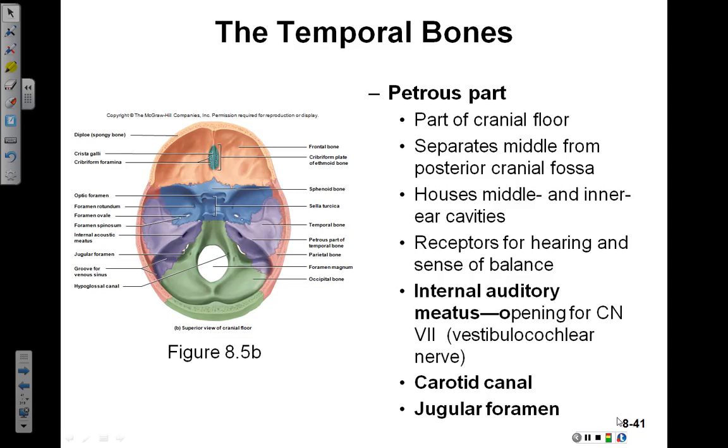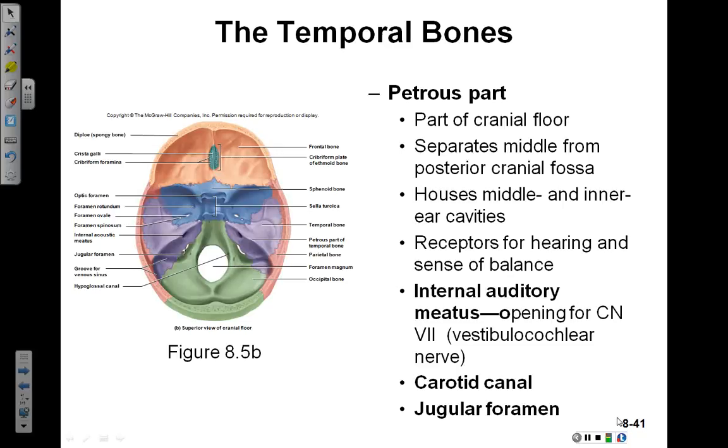So we're going to talk about this last part, and we're going to stop. Receptors for hearing. You have the vestibulocochlear nerve, which is cranial nerve 8, which is on page 240 in the book.